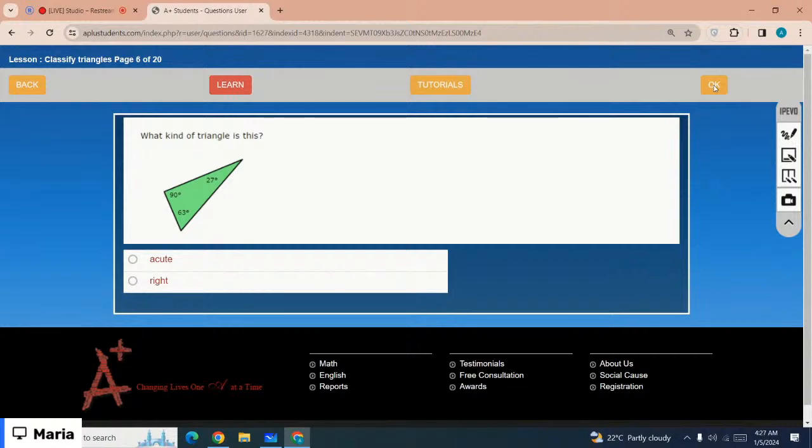Yes, that is a right triangle because one of the angles is exactly 90 degrees. So that is the right angle triangle.